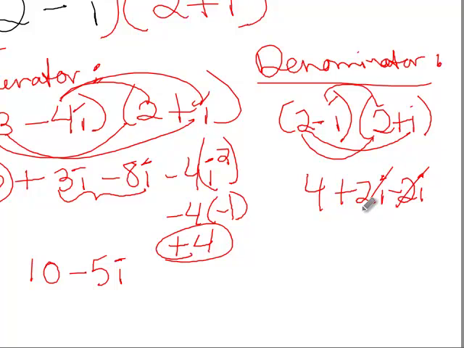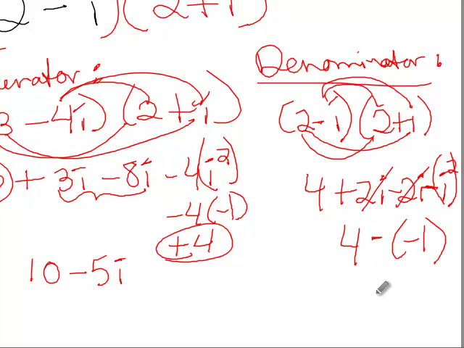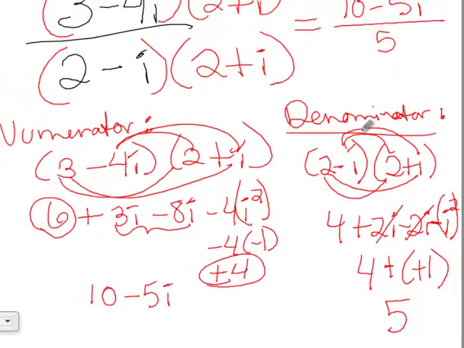Notice these cancel, which is good, because that's what we wanted to happen. And then negative i times i is negative i squared. This i squared is going to turn into a negative 1, so we really have 4 and then this minus here, negative 1. Our double negative makes a positive, so this becomes 5. So the denominator is 5.